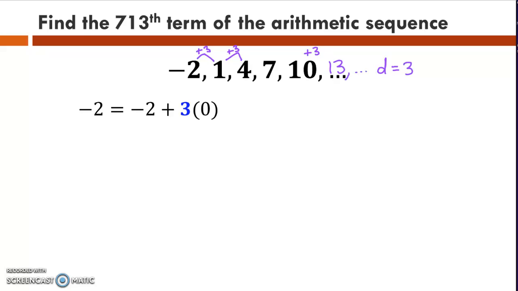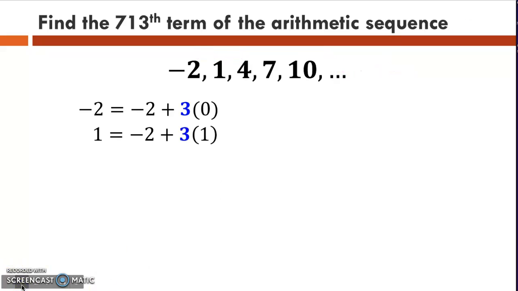Okay? So, let's see here. My second term is going to be negative 2, and then I'm going to add 3 times 1, because I add 3 once. My next term, 4, if I take my first term, negative 2, and I add 3 twice, that will give me 4.